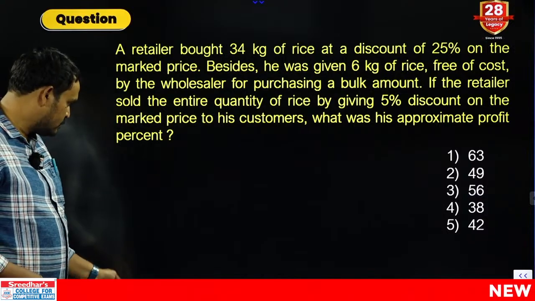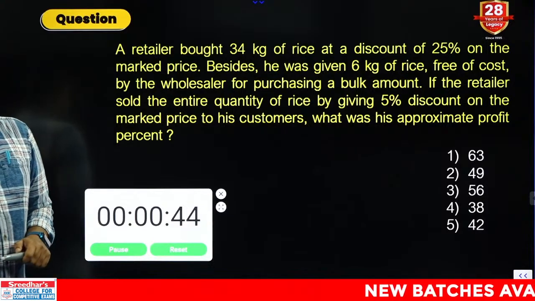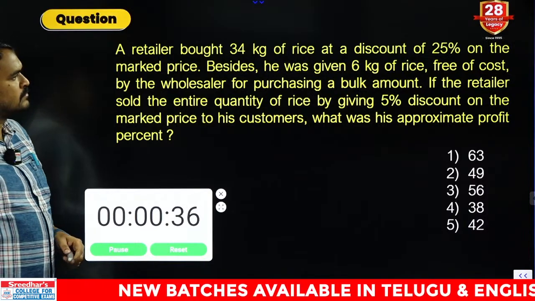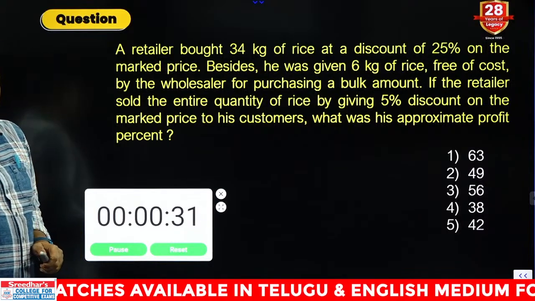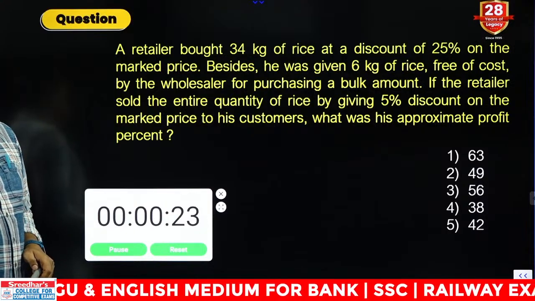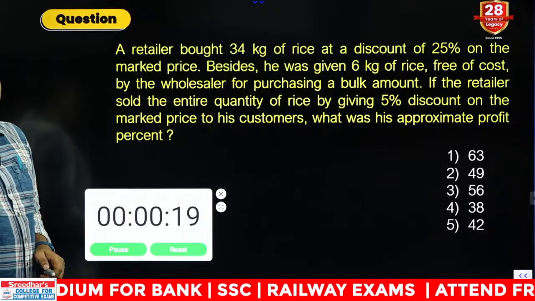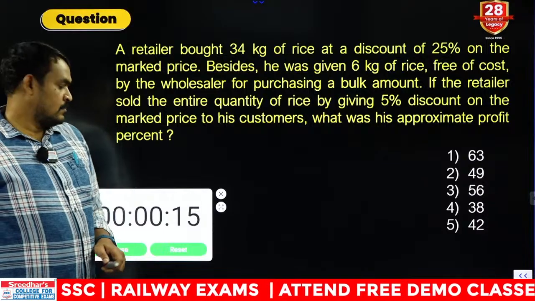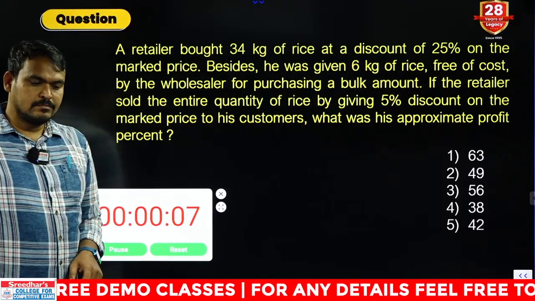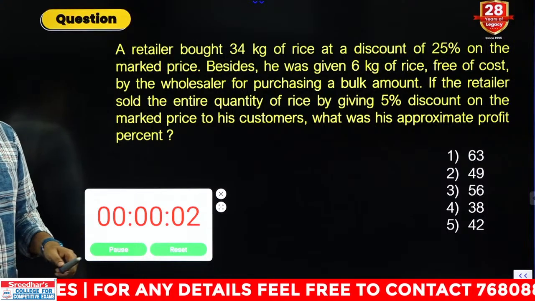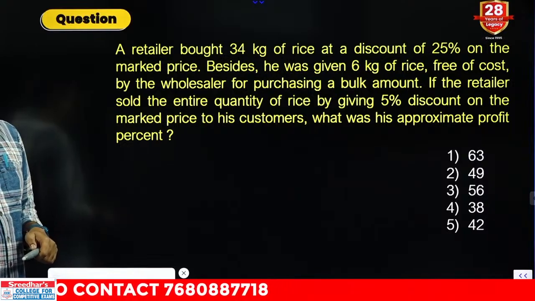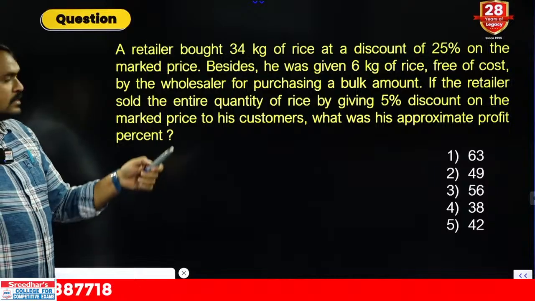Next question. A retailer bought 34 kgs of rice at a discount of 25% on the market price.